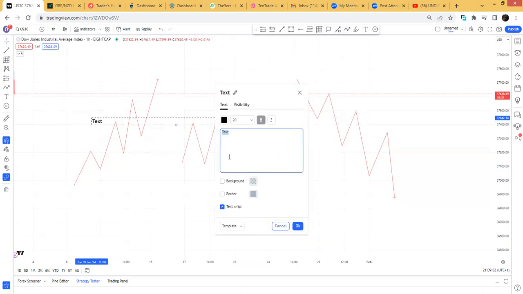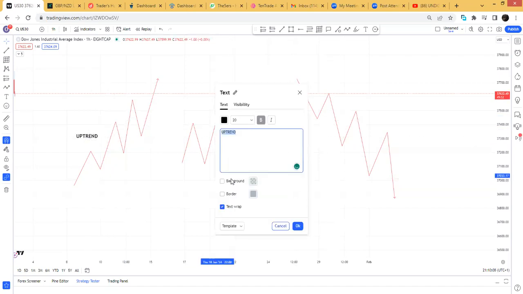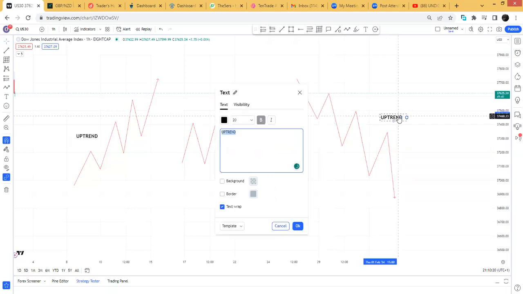So here you have an uptrend. Uptrend, right? And then here you have a ranging market or consolidating market. And then finally, you have a downtrend.